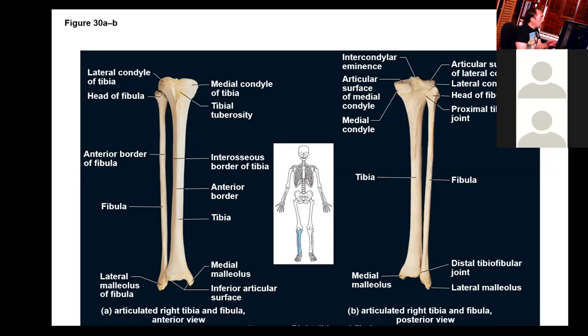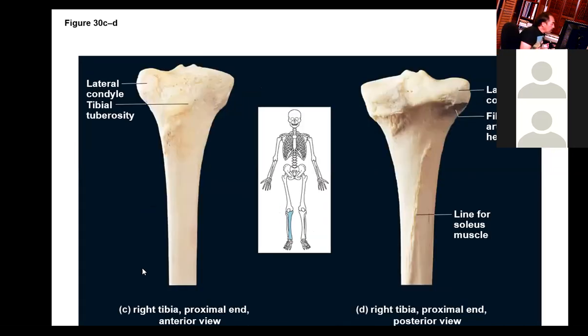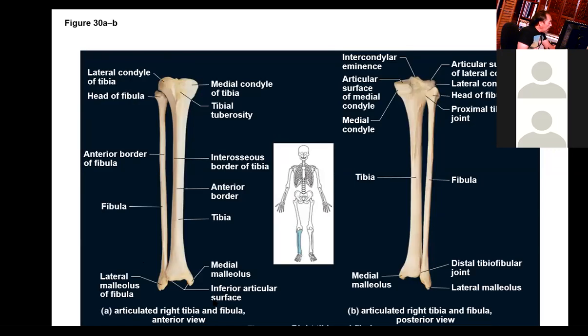That's the reason why you can say whose styloid process belongs to which bone. Here, the fibula is going to be the narrower one, so that's the lateral side. It owns the lateral malleolus. The tibia is the wider one, so it owns the medial malleolus.